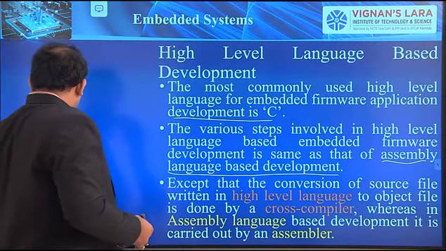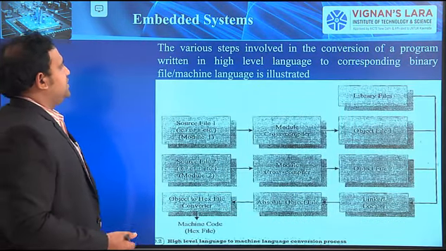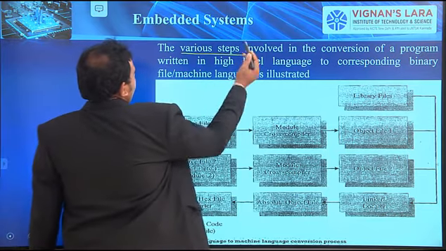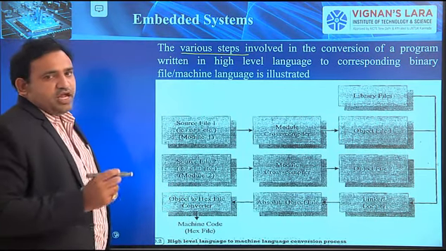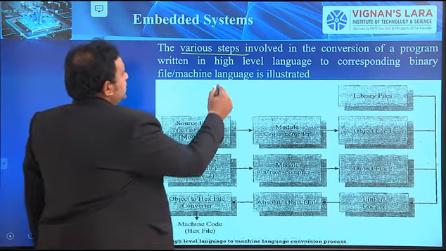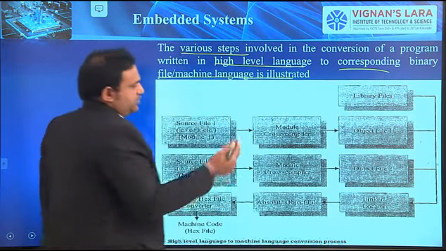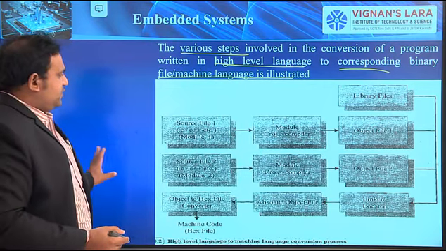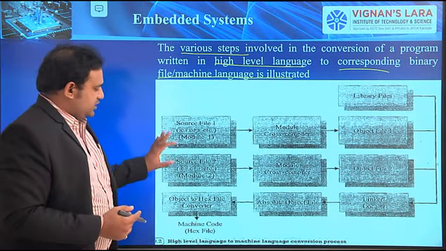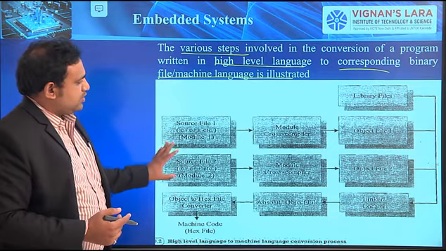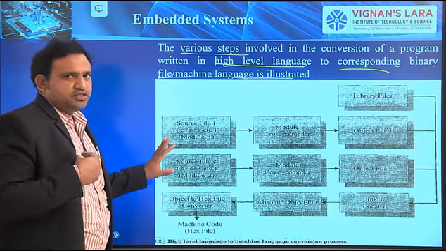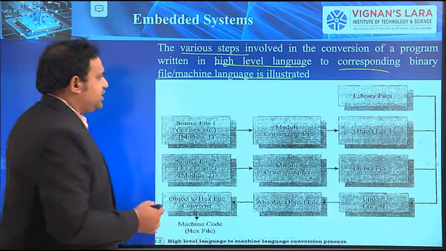The various steps involved in converting a program written in high level language to the corresponding binary language are illustrated below. If we see the difference, in the last class we saw the same figure with respect to assembly level language.